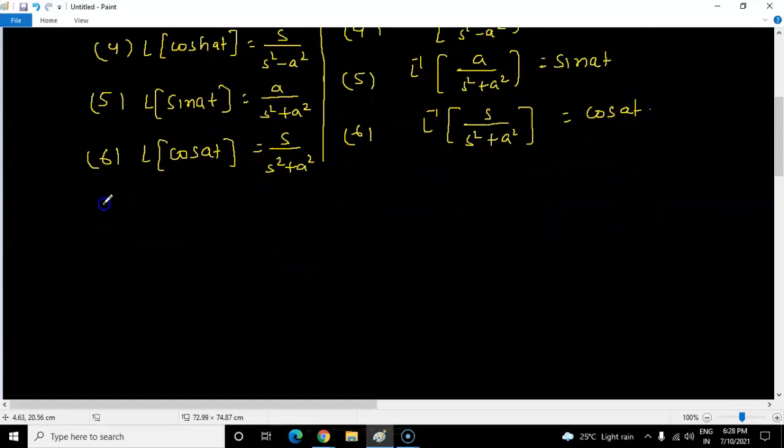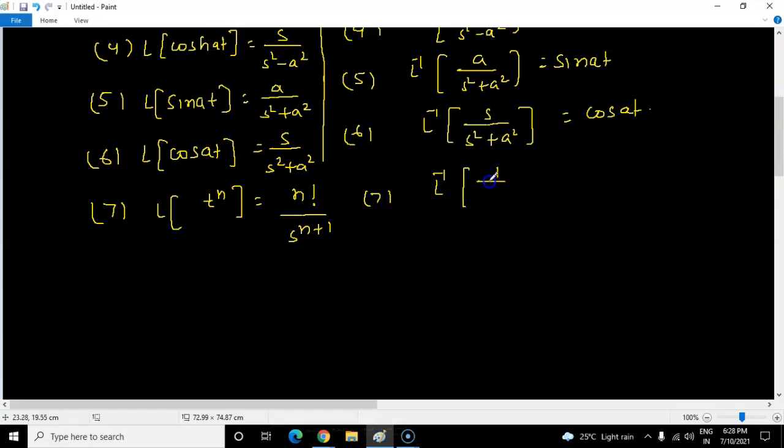And the last was Laplace of t to the power of n is n factorial divided by s to the power of n plus 1. So here also we can write it. Laplace inverse of 1 by s to the power of n plus 1, you can bring this n factorial to this side, or if you want, you can write it here also, no problem.